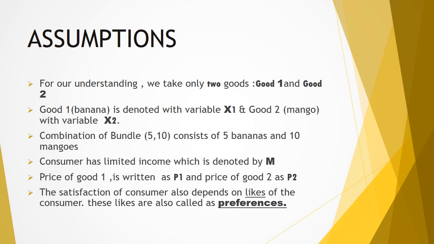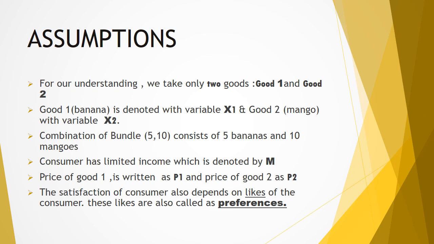The theory of consumer behavior holds good only when the following assumptions are fulfilled. A consumer in general consumes many goods, but for simplicity, for our easy understanding, we take only two goods.